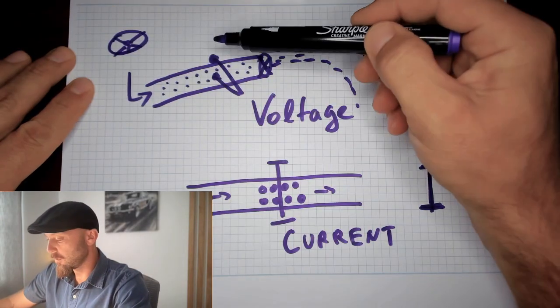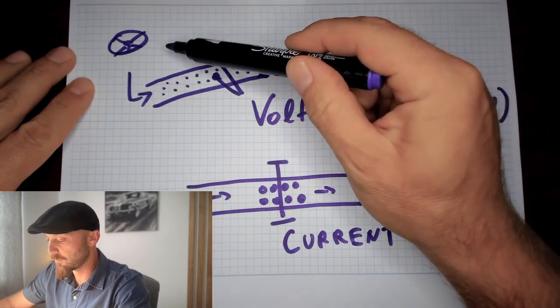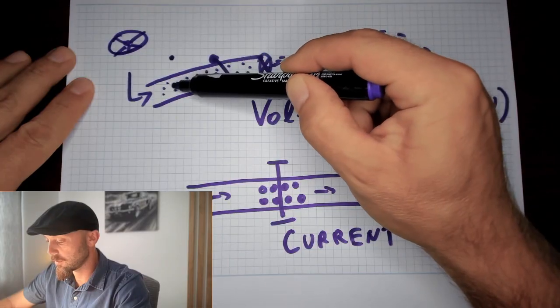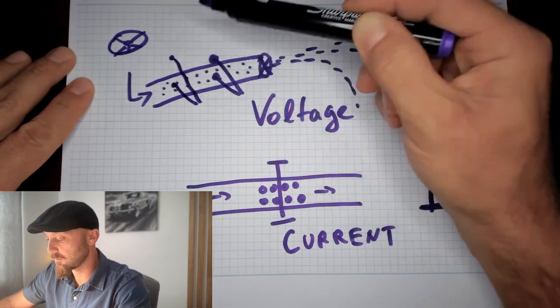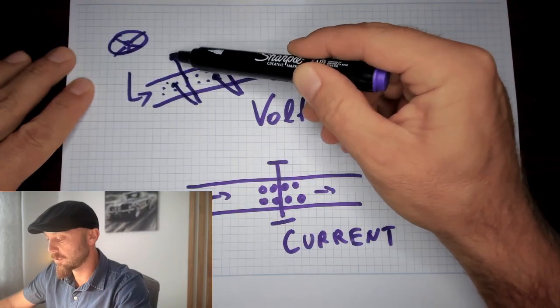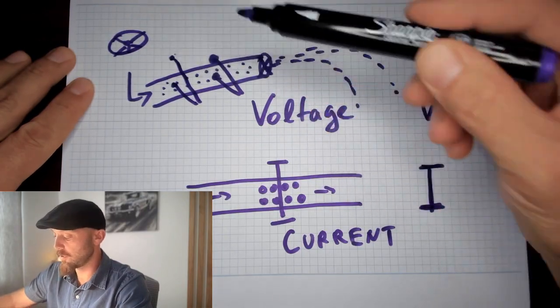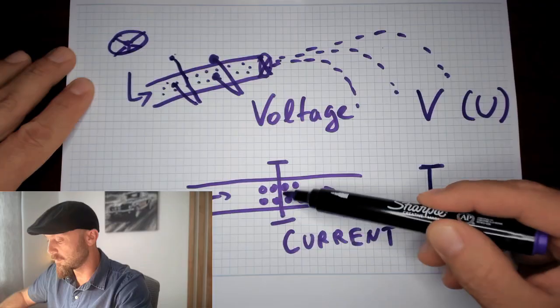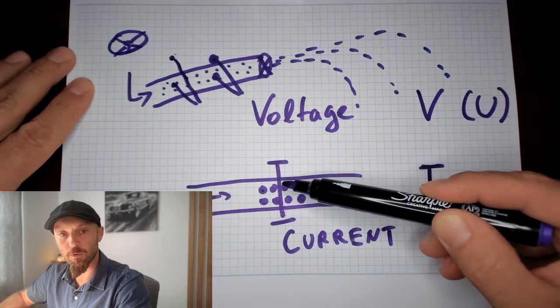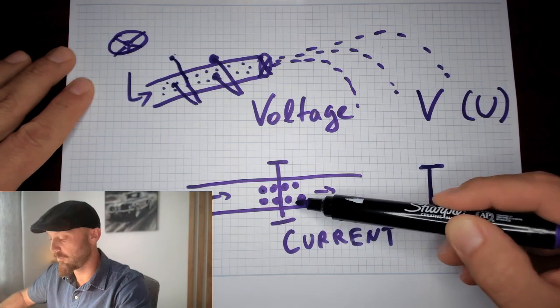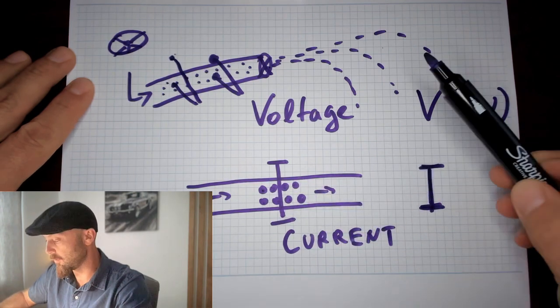So voltage is the difference between 2 points, the difference of pressure from the inside of the tube to the outside. It is always measured between 2 points, whereas current is measured at a single point and means the intensity or the flow of electrons at 1 point.